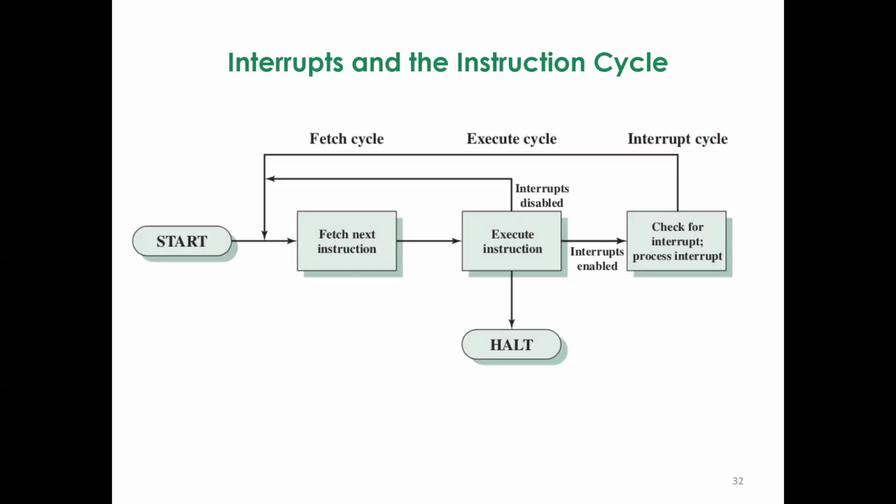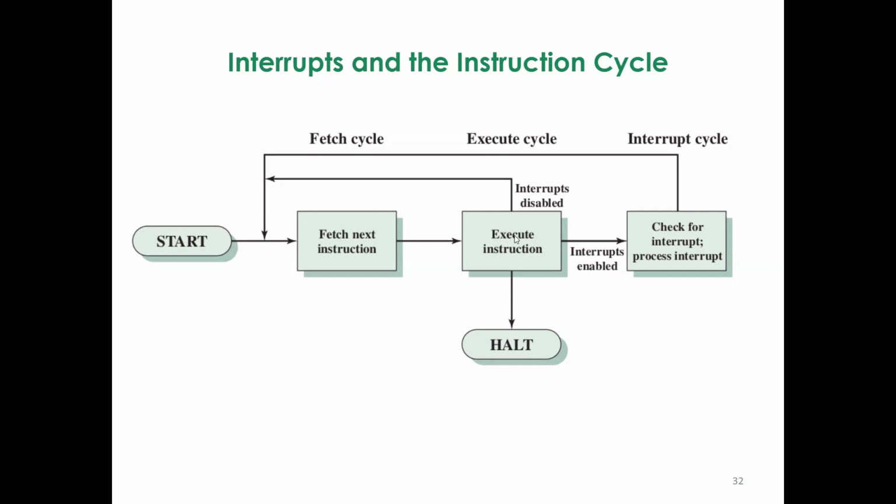So hence why we said the instruction cycle is not as perfect as we had drawn it in practice. There are these interrupts: it's Bluetooth, it's Wi-Fi, every IO is attempting to interrupt the processor. So start, fetch, execute.